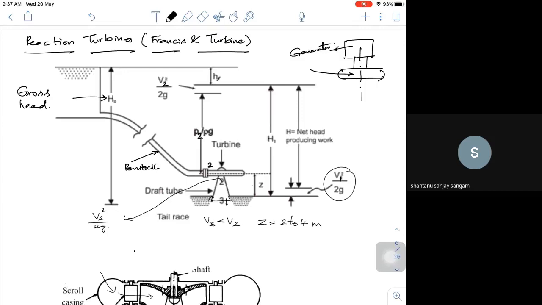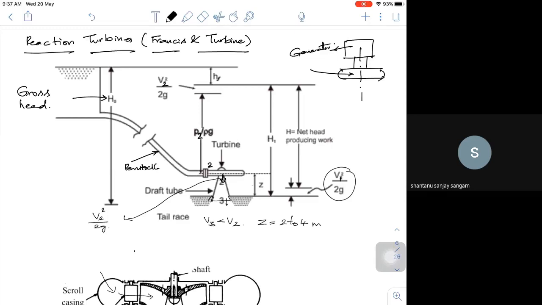After expanding in your turbine or making your turbine rotor rotate, the water will fall. It will have some amount of energy, which may be a little bit of kinetic energy. We don't want to allow that kinetic energy to be lost.